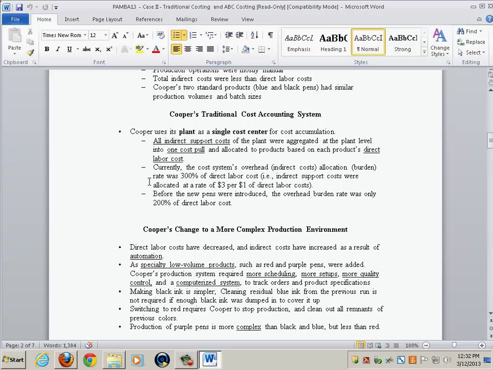Why should all indirect costs vary proportionately to direct labor dollars is something that is not easy to explain. It doesn't have to be the case. It just makes it easy to calculate, but it often doesn't have any inherent rationale.